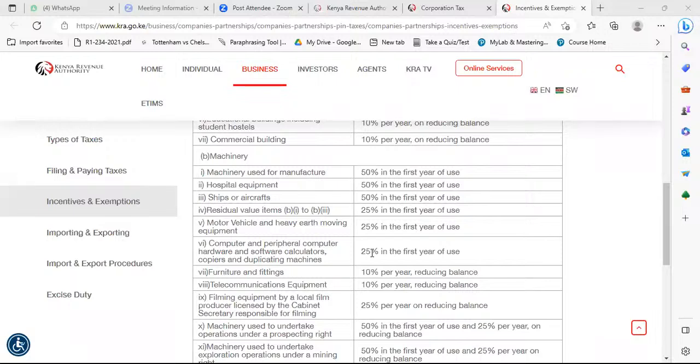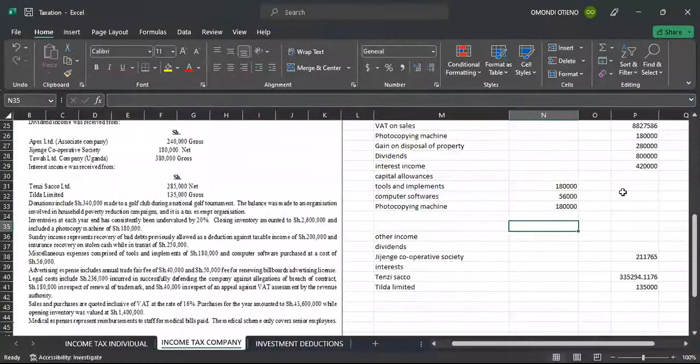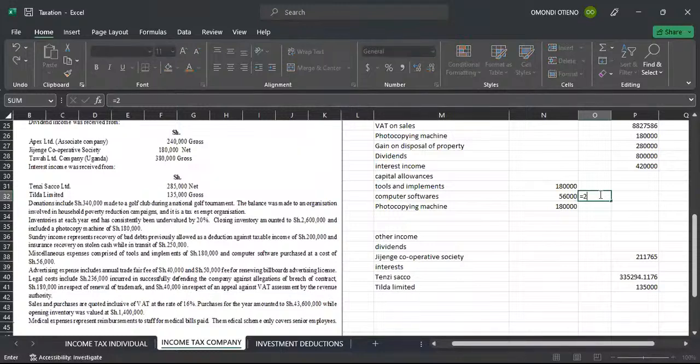So it means when you now get to that particular question here, we've seen that for computer software, whatever we are going to deduct, which is allowed as capital allowance, is 25% of the value of the computer software.